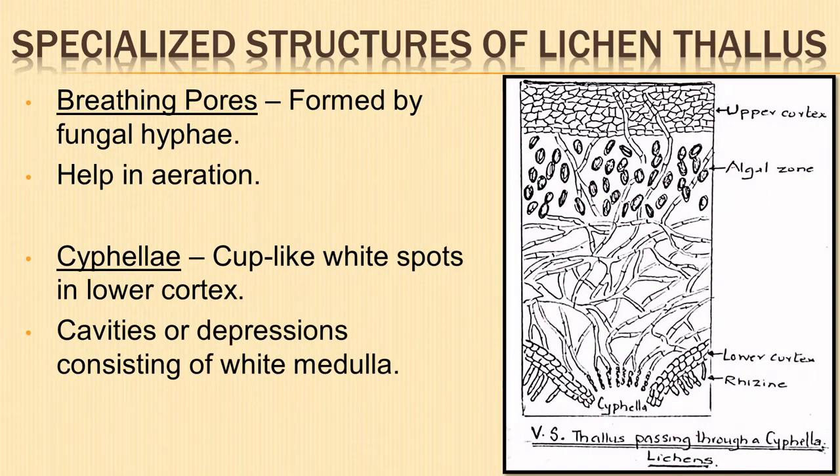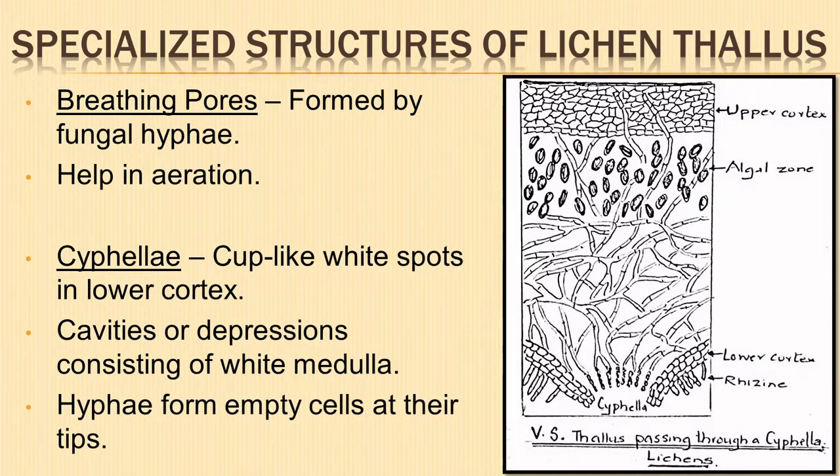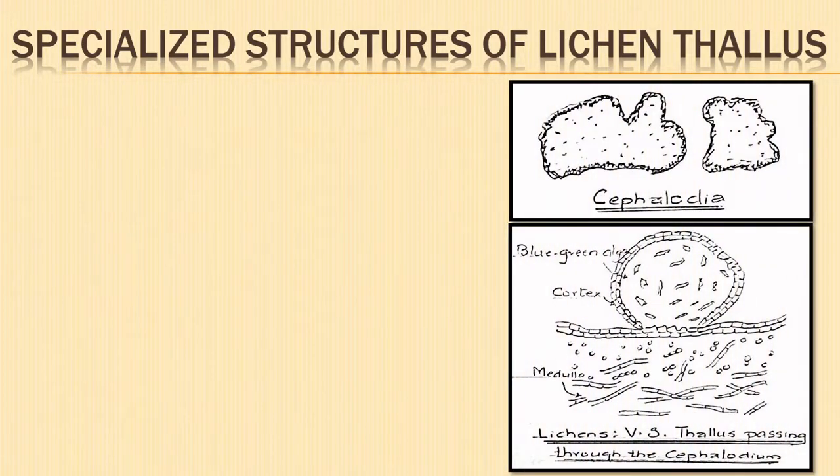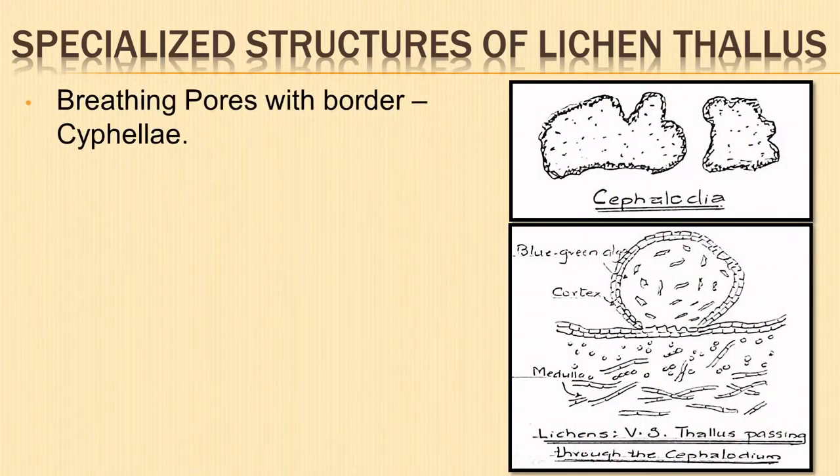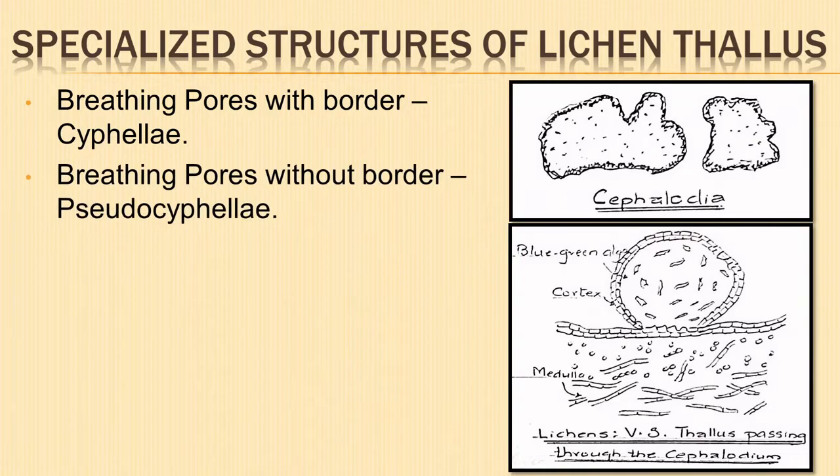These spots are cavities or concave circular depressions consisting of white medulla. Here, the hyphae grow directly from the medulla and form empty, rounded cells at their tips. When these aerating or breathing pores have a definite border, they are called cyphellae. When border is absent, these breathing pores are known as pseudocyphellae.